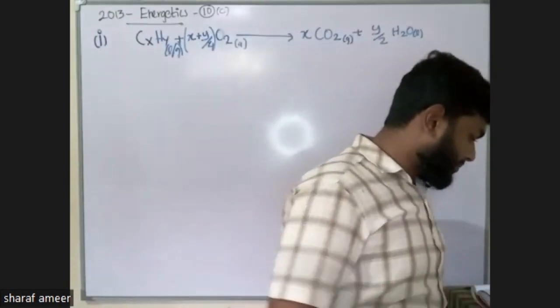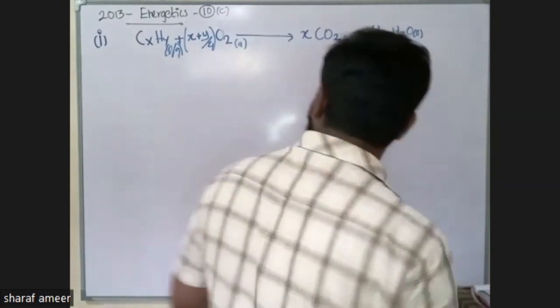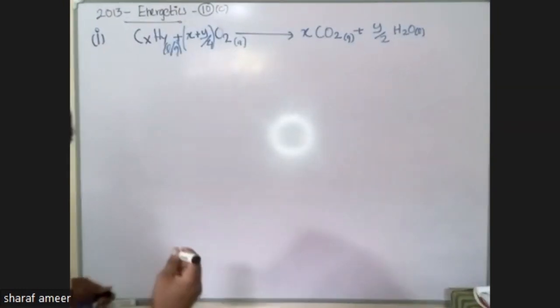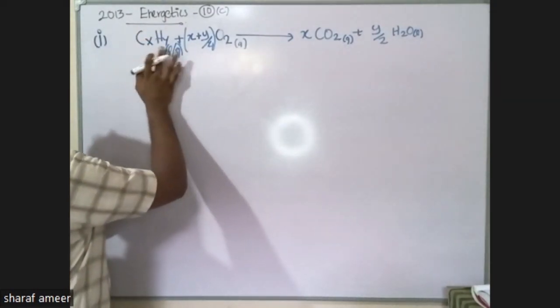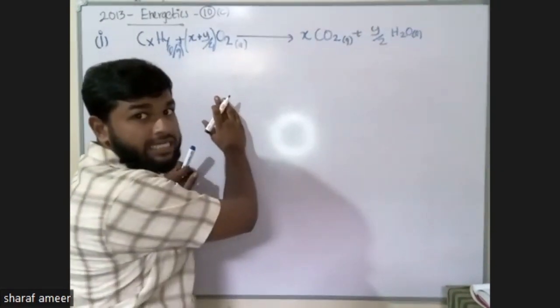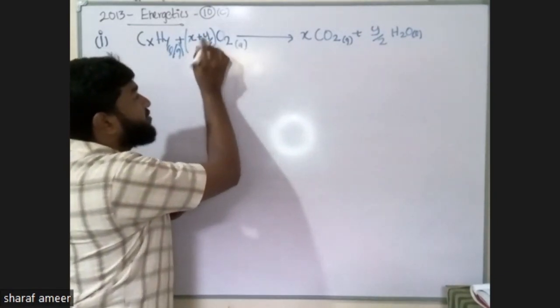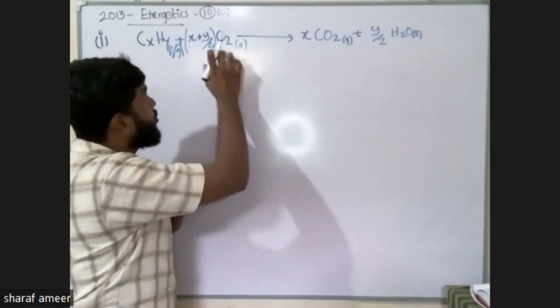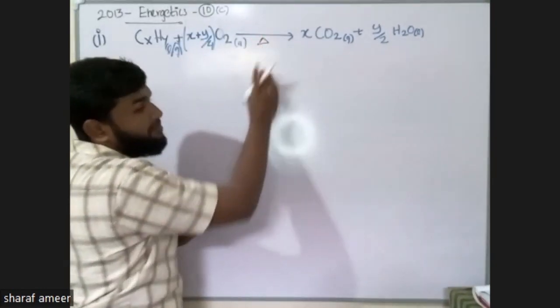Now see here, this is one of the most famous equations. So 1 mole of CxHy hydrocarbon reacts with x plus y over 4 moles of oxygen gas. So it burns, it means it has combustion.